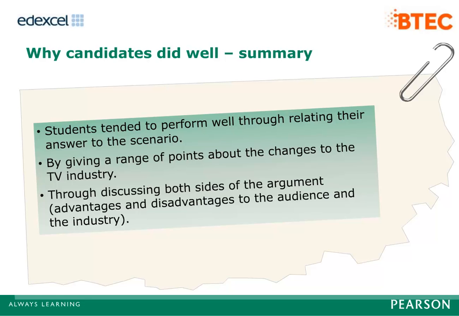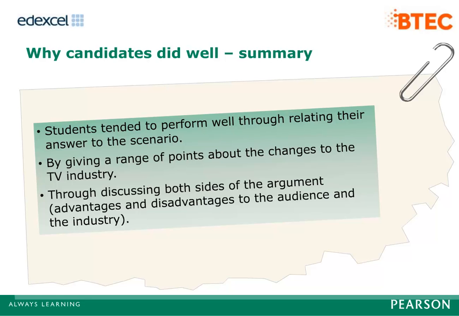On this 8-mark question, learners performed well if they made a range of points about the increase in TV channels available to the audience, discussing both the effects on the audience as well as on the industry, perhaps that there are more TV companies producing specialist content, leading to a more open job market.